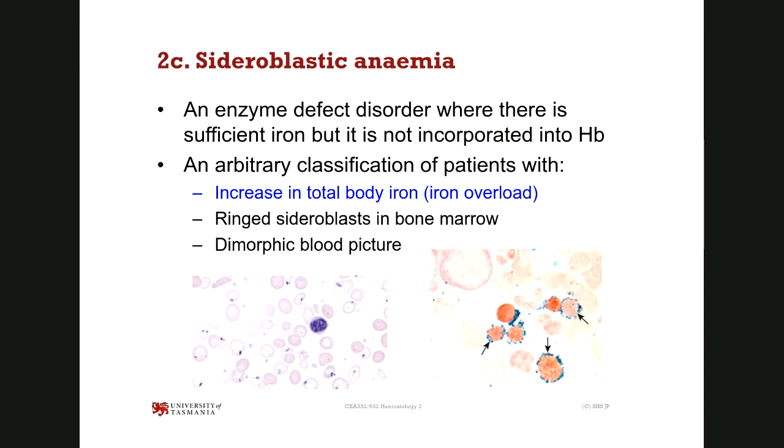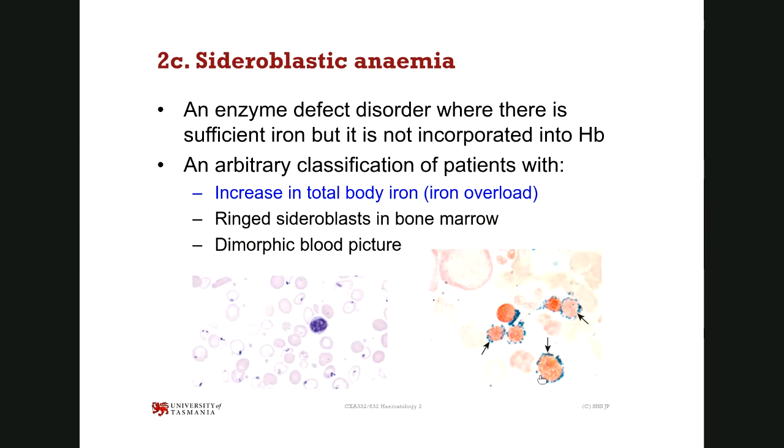And that procedure of inserting the iron in the ring happens in the mitochondria of the bone marrow macrophages. Okay, so these are the bone marrow macrophages here, and these granules of iron are sitting in the mitochondria, waiting to be incorporated into the protoporphyrin ring. And so because we've got this abundant iron that's just sitting there, that is what we're staining up with our Pearl's Prussian blue.